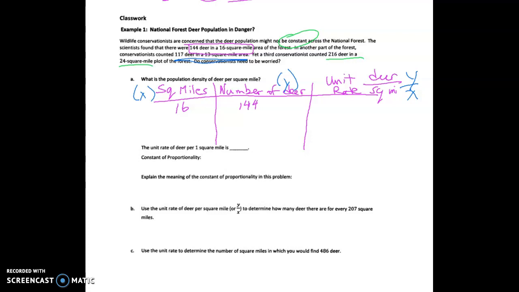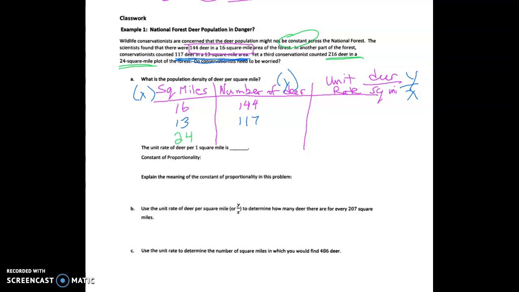Then, in another part, they had 117 deer in 13 square miles. And I take our 216 deer, 24 square miles.